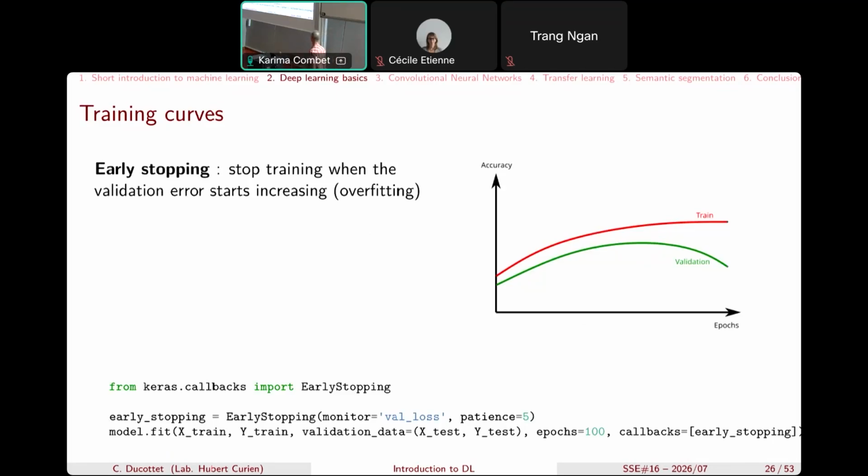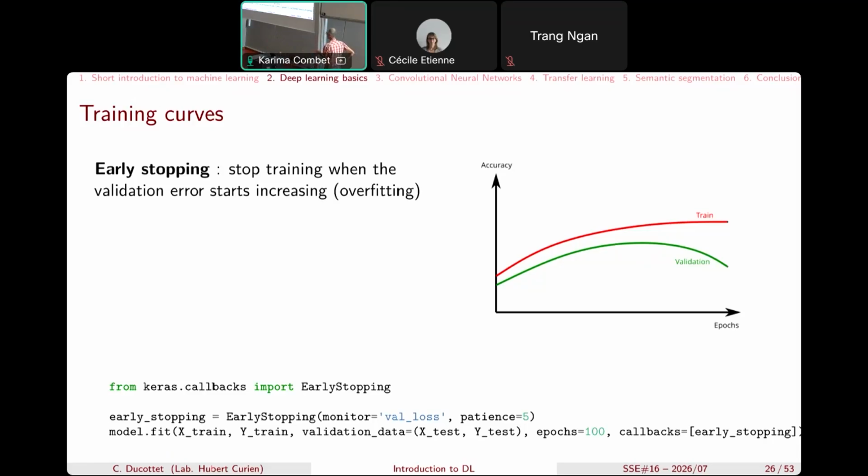So it means that you may have too many parameters. Remember our polynomial: too many parameters and not much data. If you don't have a high number of data and you have too many parameters, you will have this kind of phenomenon.